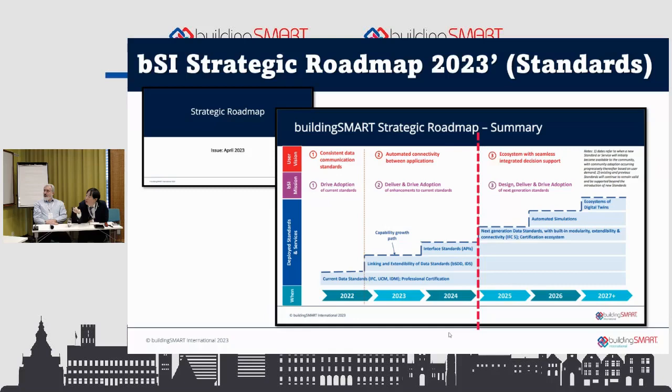So those things are created, and then the API comes. And the next one, in level 4 BIM, next generation data standard. So something happens in 2025, which is Clive's prediction here.